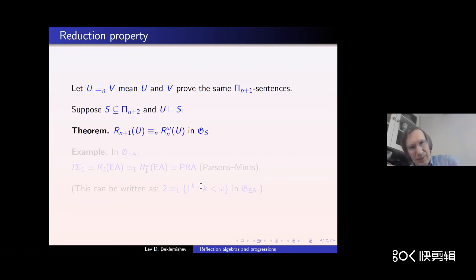So the link goes by this particular result, which is called the reduction property. Here we introduce the relation of n equivalence on elements of our structure. We say that 2 theories, U and V, are n equivalent if they prove the same pi n plus 1 sentences.